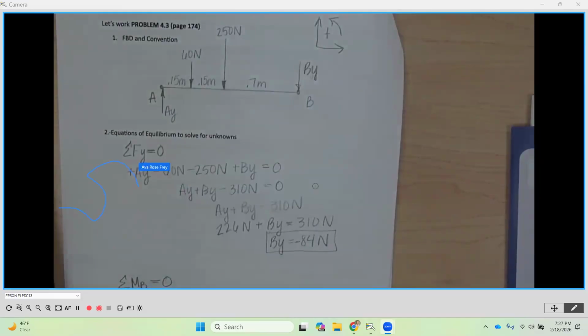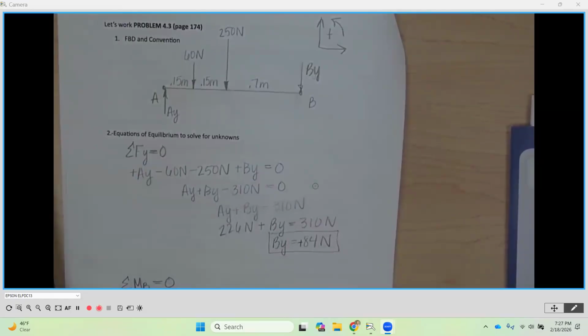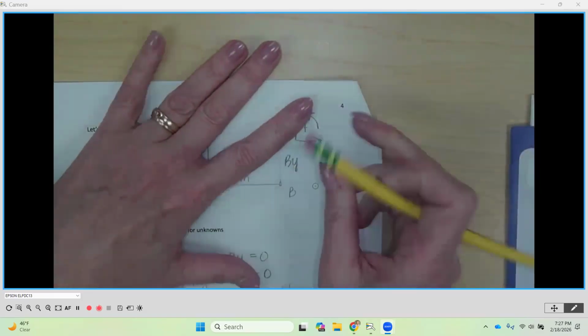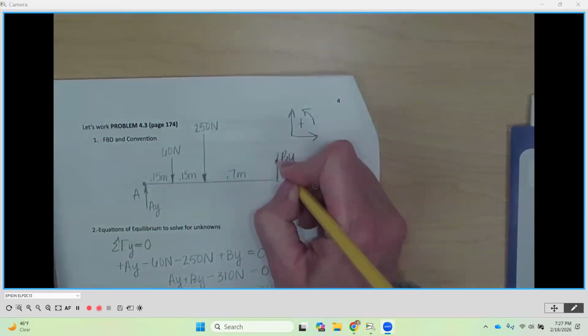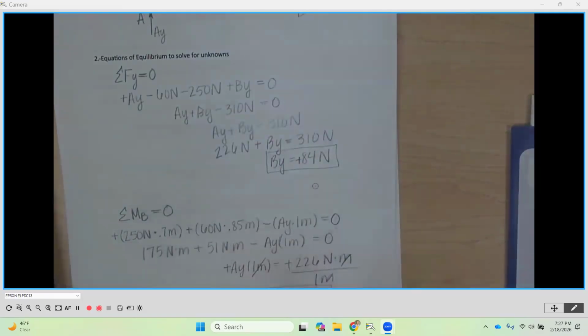First thing I do is I make it positive, because you never leave a final answer as a negative value. And then the second part is I just change the direction to the exact opposite of whatever I chose. You do not need to redo the math.